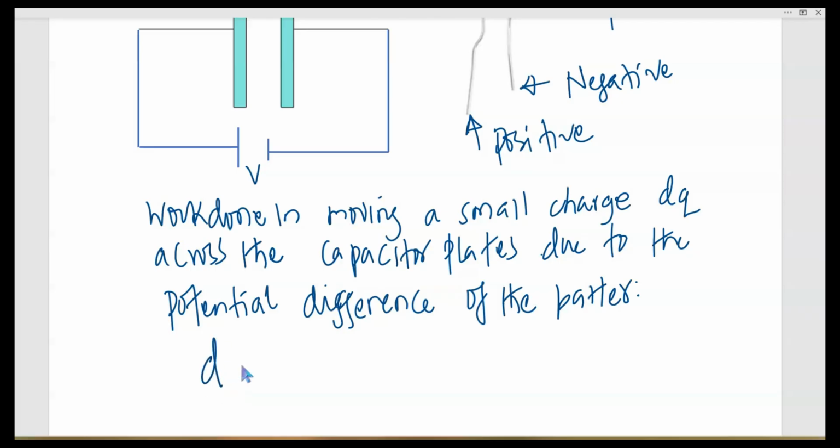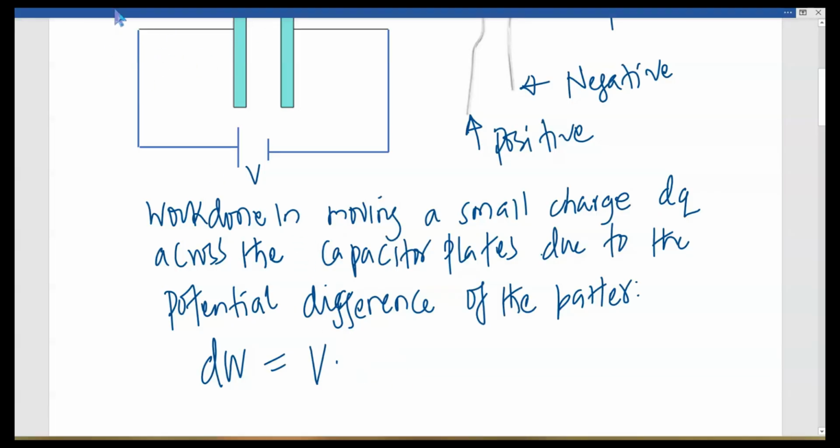So that small work done, let it be W. It is going to be equivalent to V, which is the potential difference across the battery, times the charge moved. So let me write it in words so that you can always remember it.